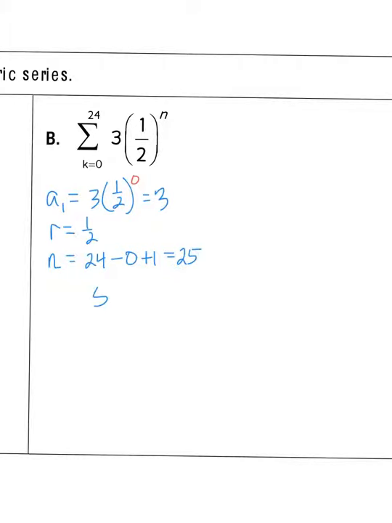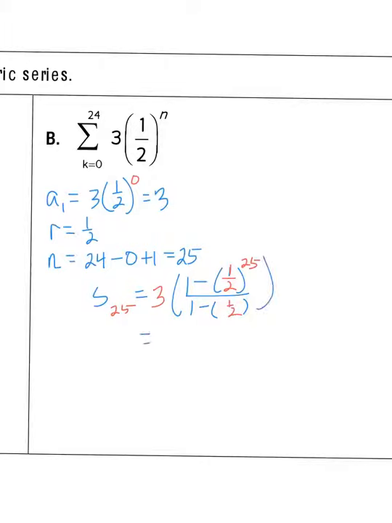So the sum of 25 terms is equal to 3 times 1 minus 1/2 raised to the 25, all divided by 1 minus 1/2.